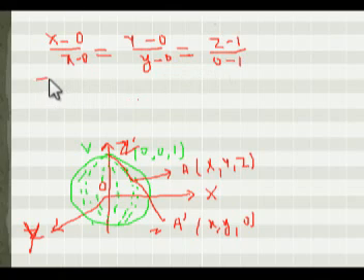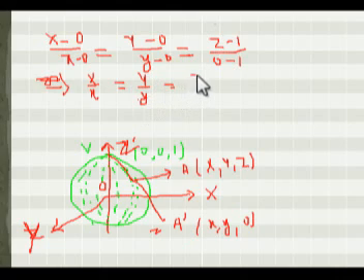So we have the relation x by X equal to y by Y and (z minus 1) by minus 1.